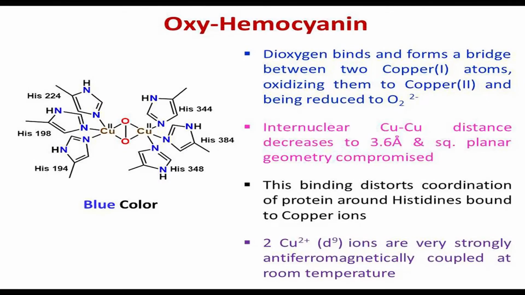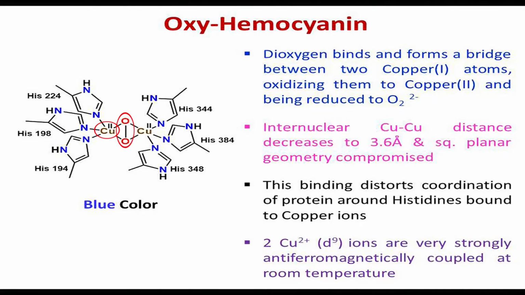In oxy-hemocyanin, the color changes from colorless to blue because it is copper 2. So, dioxygen binds and forms a bridge between two copper 1 atoms, oxidizing them to copper 2 and dioxygen getting reduced to O2 2 minus.